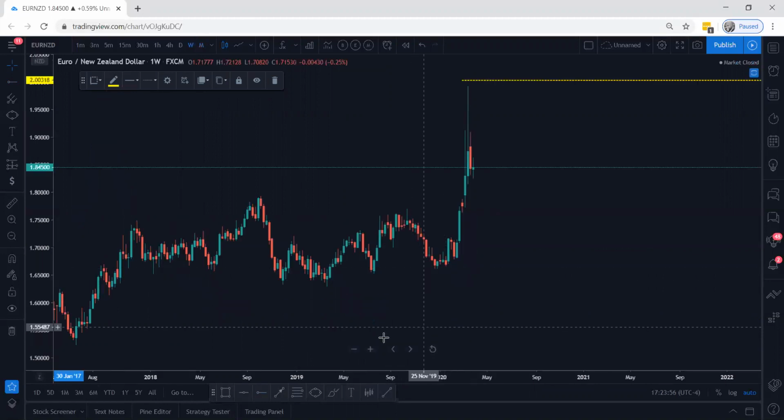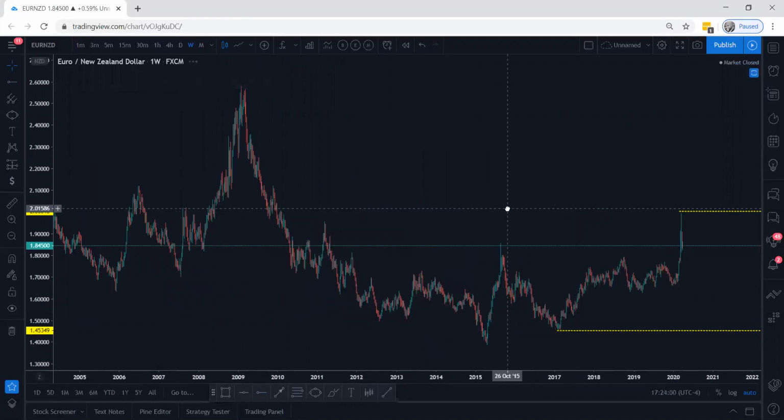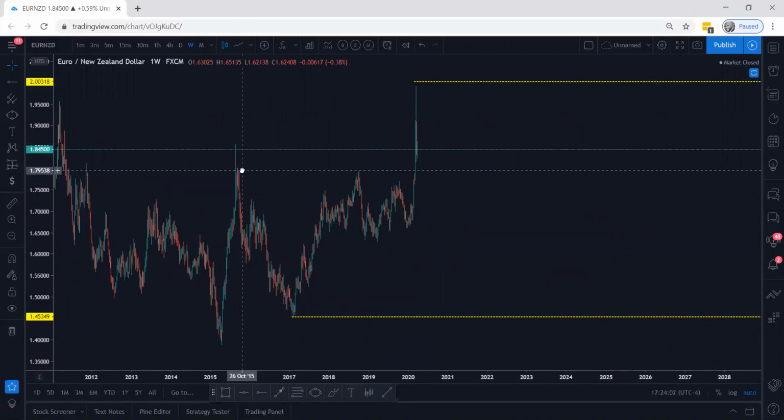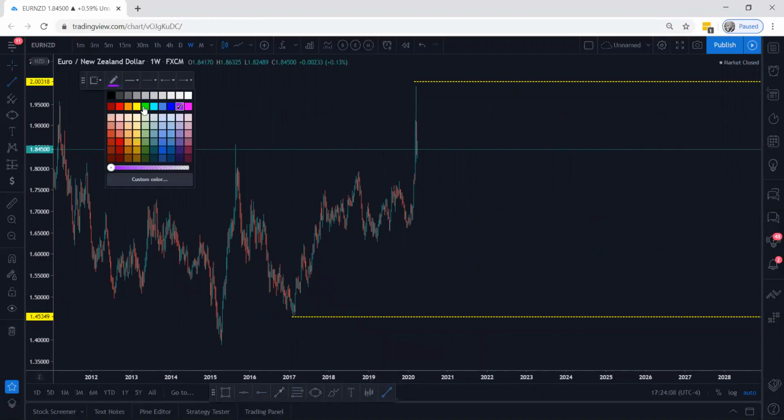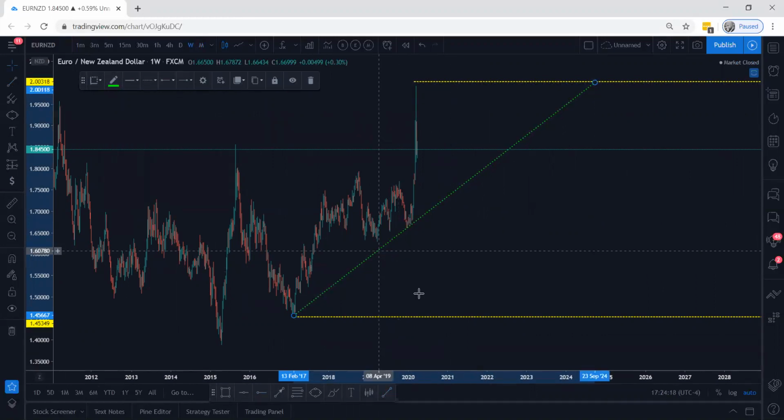On the weekly, for me, I like to zoom it in as much as possible. Easier to draw your trend line that way. And you're going to look for the strongest, most recent trend. So from what I'm seeing we're in an uptrend.